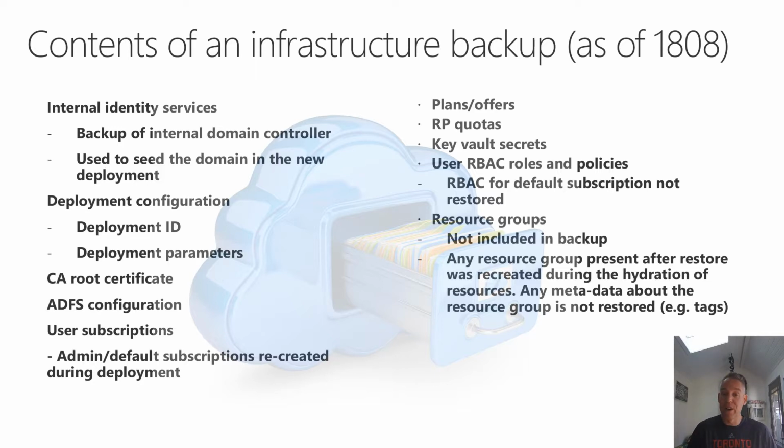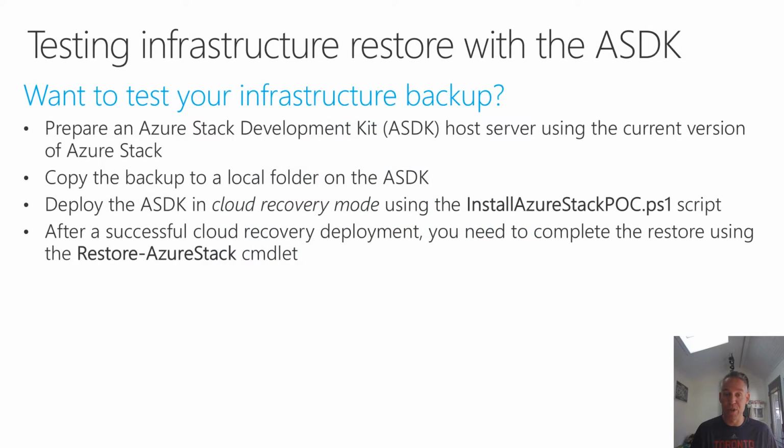So the workloads that are running in those resource groups will have to be redeployed in user space. And resource groups that were created after the backup was taken will be just automatically re-added into the list. So once they appear as part of the user restore, those can be recreated automatically.